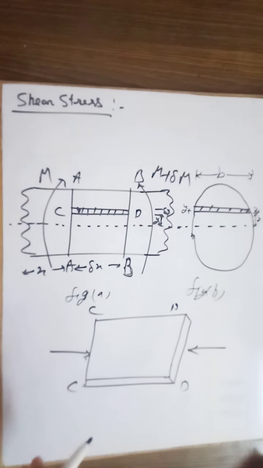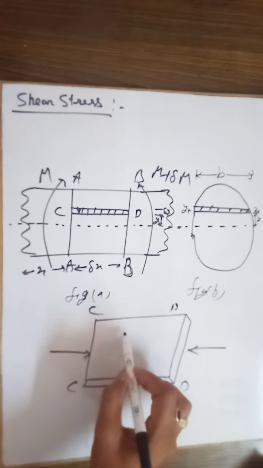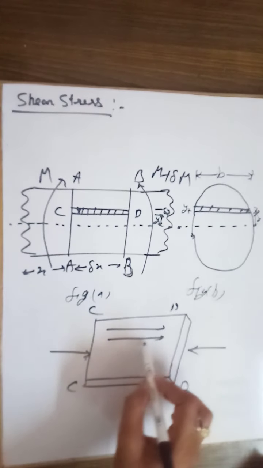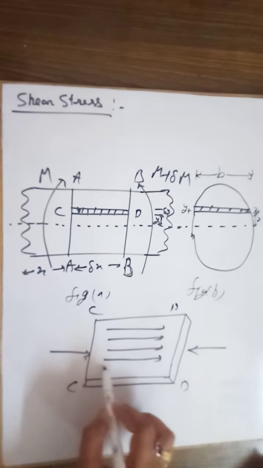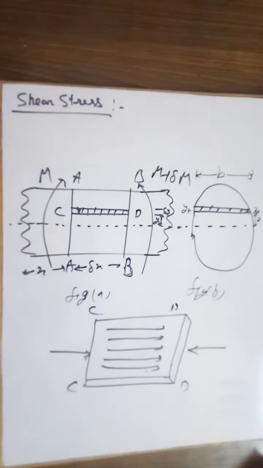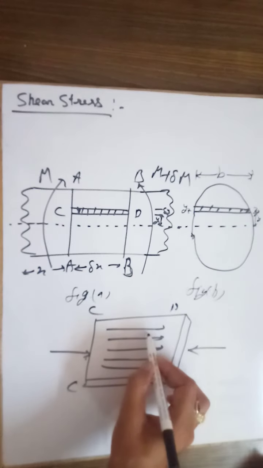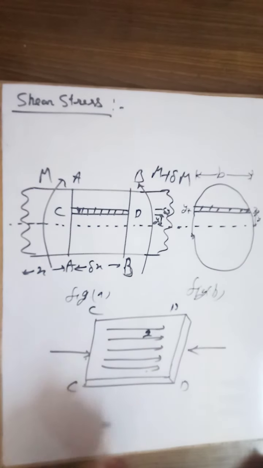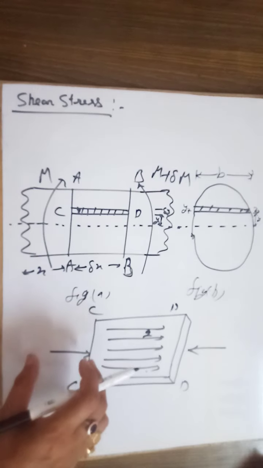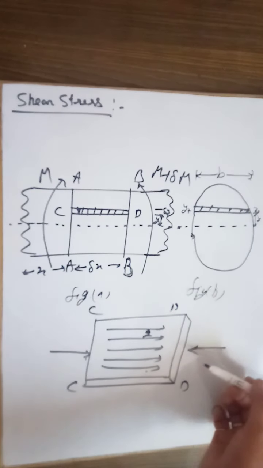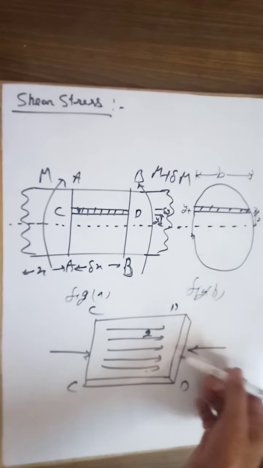So what will be that force that we are just trying to find out? Here we can represent the intensity of this shearing stress as Q. So we can find out the bending stress on the left side and the stress on the right side also.